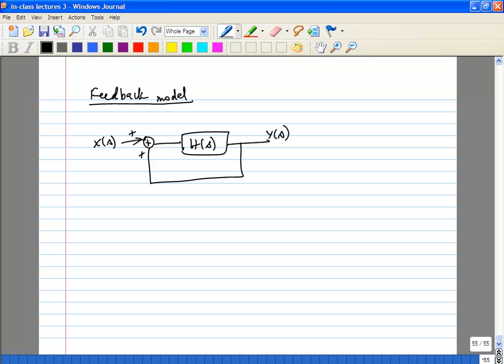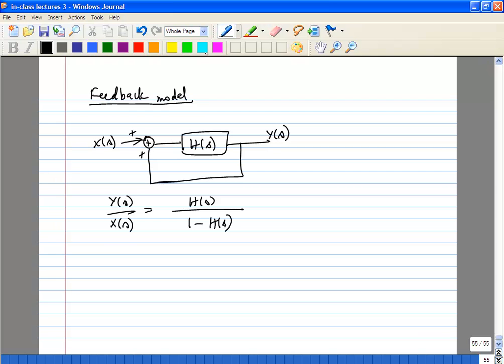Let us just take a system H of S where the output is fed back to the input. Y of S by X of S is H of S by 1 minus H of S.